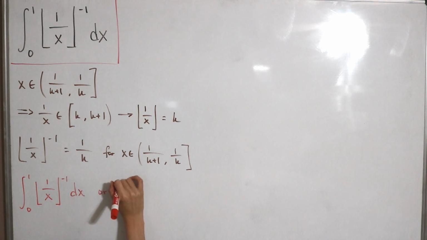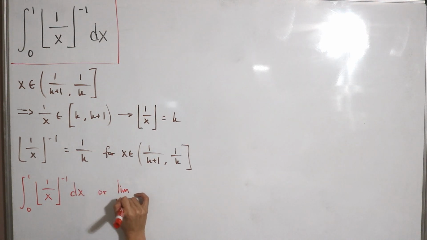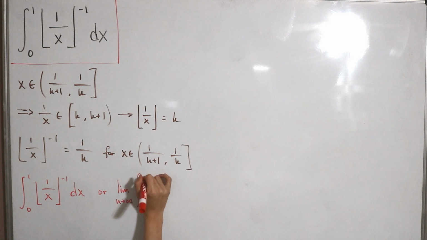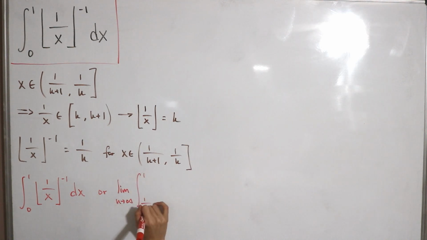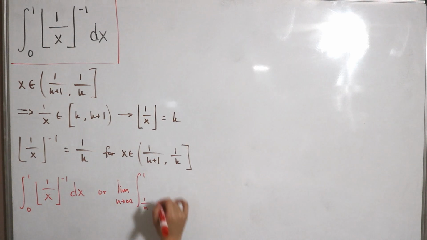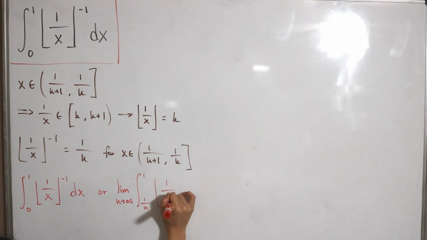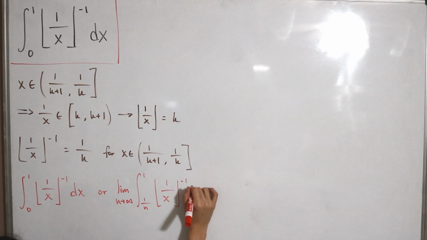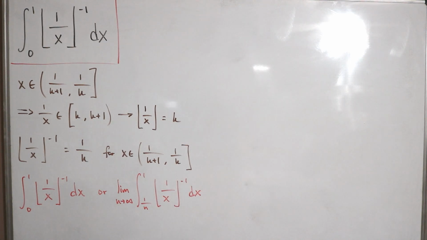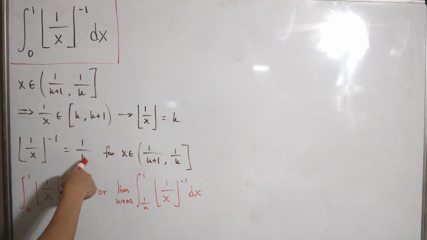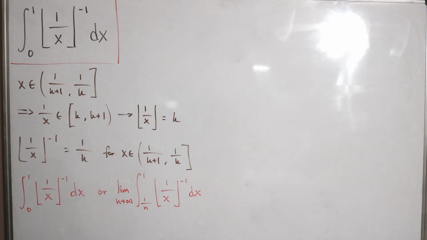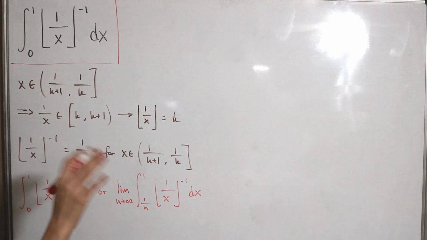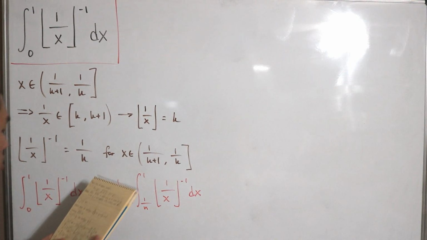I can write this as the limit as n approaches infinity, where the lower bound approaches 0, so I'll write it as 1 over n, with the same integrand. Again, it's just a different notation for the bounds.